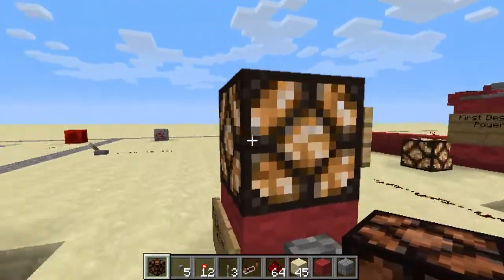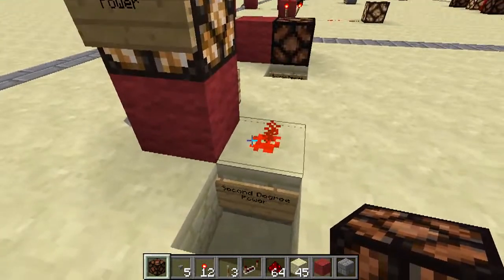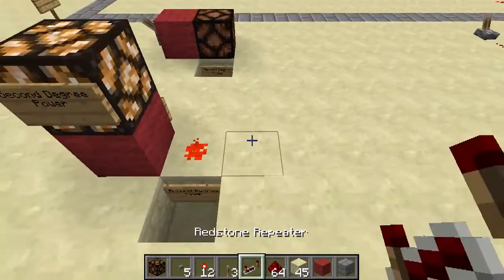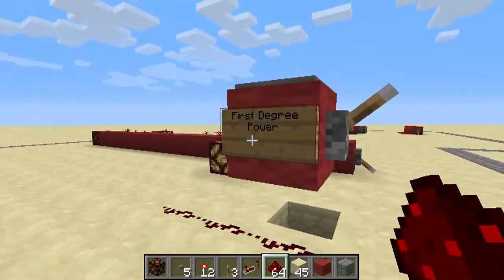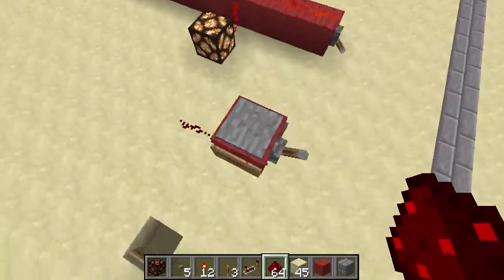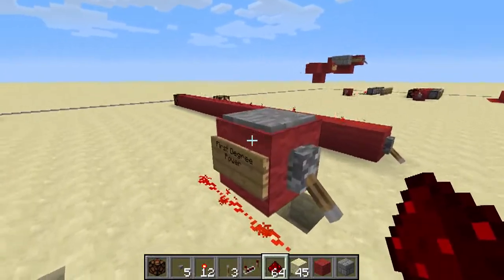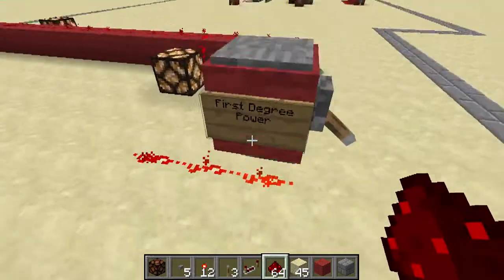This lamp then gets power from that and receives second degree power. And even right the other side of it, you get second degree power here, which goes into the Redstone Dust. So as I said earlier, even right below it, if I show you this, turn on the lever, the block here receives first degree power, and this right down here is receiving second degree power.